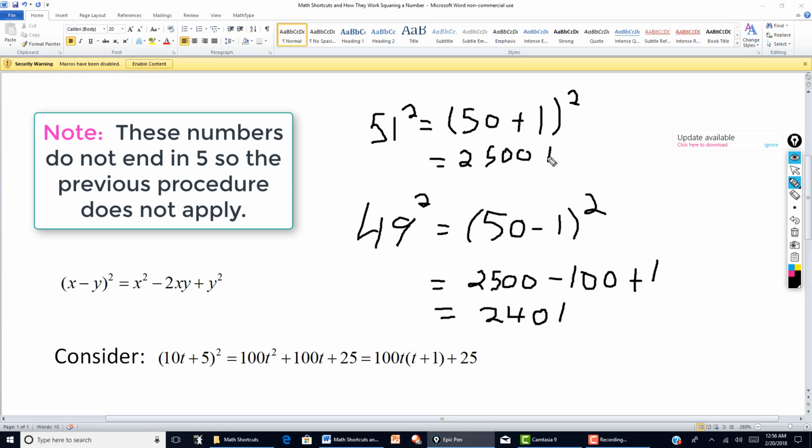And it's plus twice this product. 1 times 50 is 50. You double it, you get 100. And then you square the 1, add it to it, and then you just add the total. 2,500 and 100 is 2,601, and this comes out to 2,601.